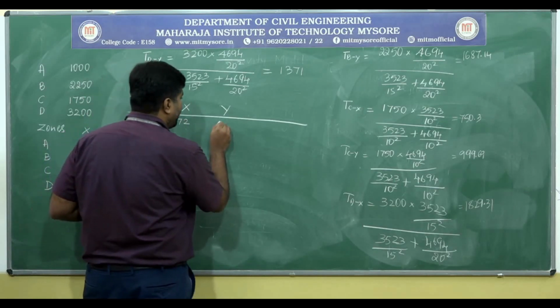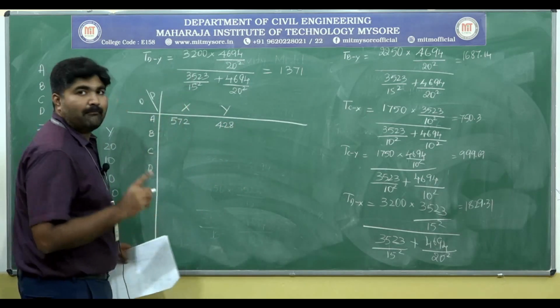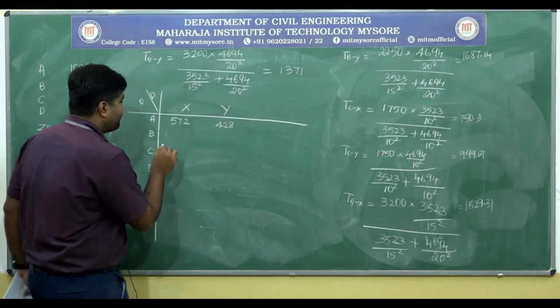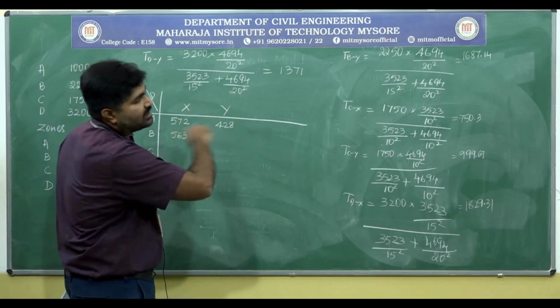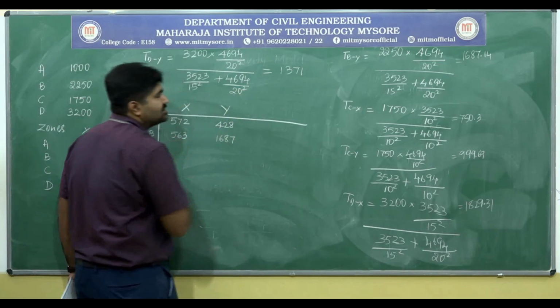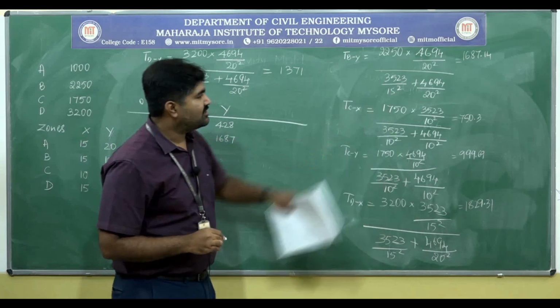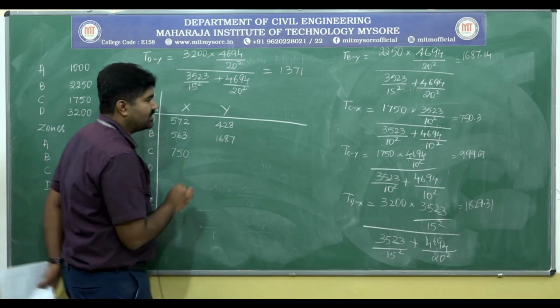Next A to Y I got 428. Similarly B to X I got 563. Okay, B to Y, you can round off to 1687. Next C to X we got 750, the lower side is okay, 750.